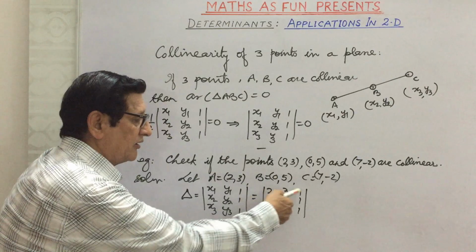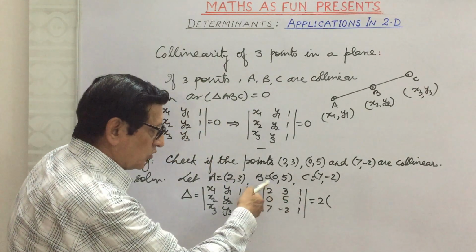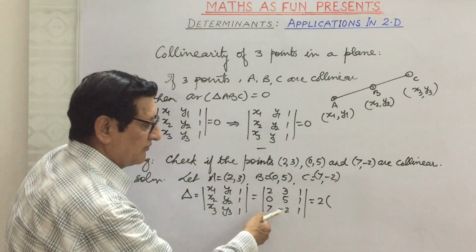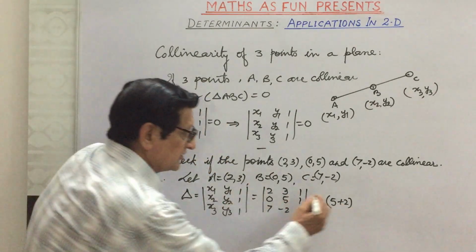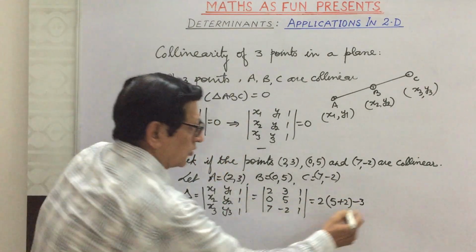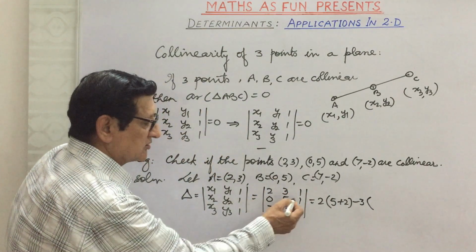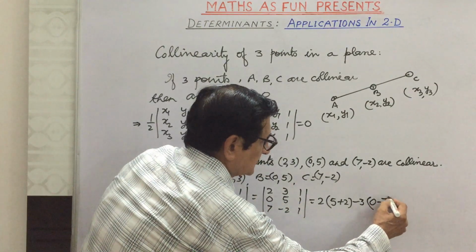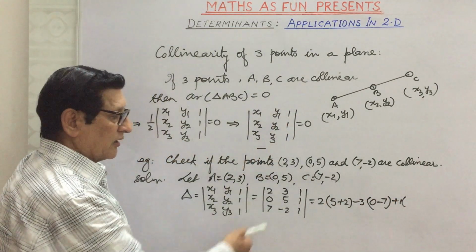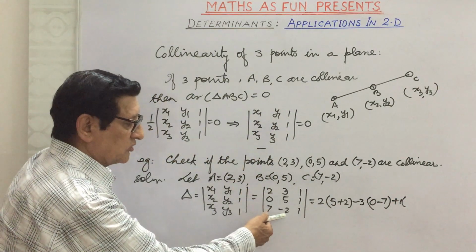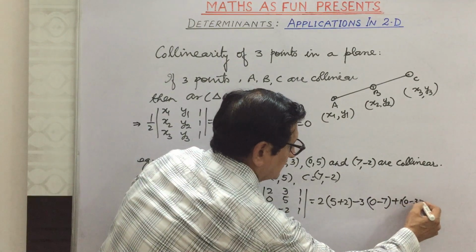Expanding along row 1, we find the value: 2 into (leaving this row and column) 5 into 1 minus minus 2, that is 5 plus 2, minus 3 into (leaving this column and this row) 0 into 1 minus 7 into 1, that is 0 minus 7, plus 1 into (leaving this column and this row) 0 into minus 2 is 0, minus 7 into 5, minus 35.